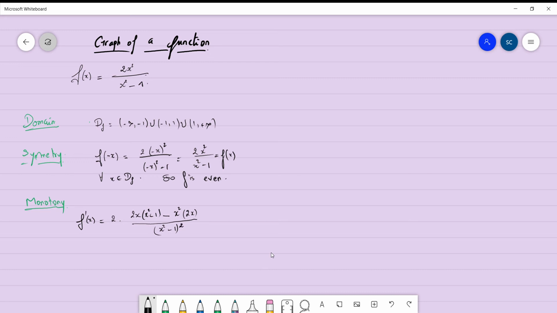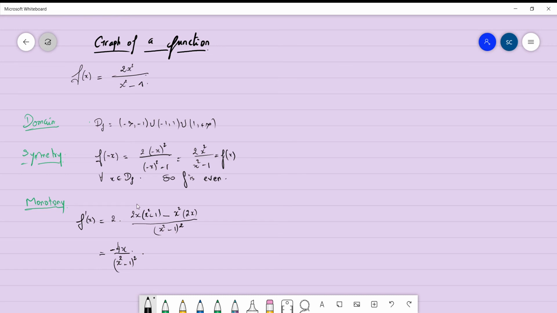I see I have 2x in both terms, so I can put it as a common factor, so I have 4x here, and then x² minus x² simplify, so only minus 1 remains. So we have minus 4x over (x² minus 1) squared. Great, this is my derivative.